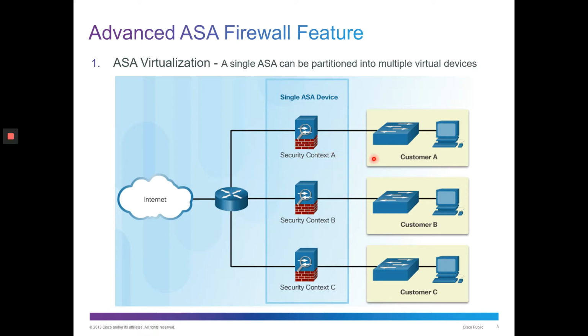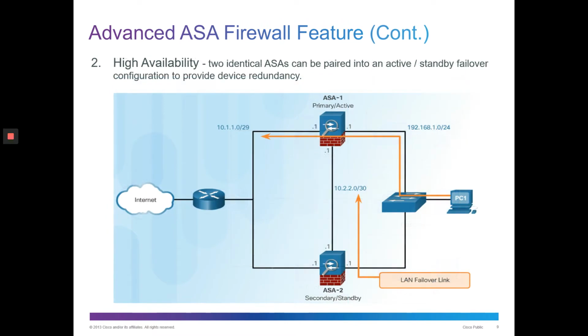One could be connected to customer A, the second firewall applying rules for customer B, and the third virtual firewall applying rules for customer C. We're going to look at each of them one by one, how we can do this, when we get to the implementation. So just for the introduction, we can do virtualization on firewalls as well.